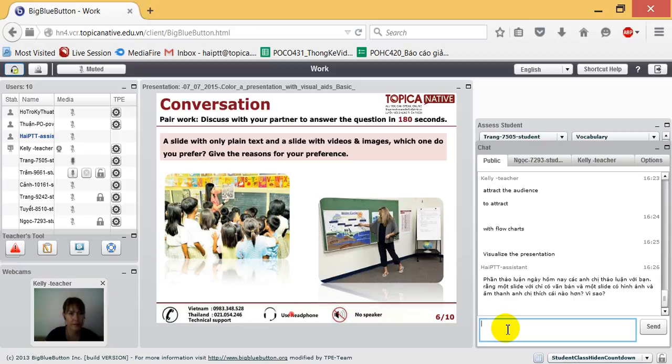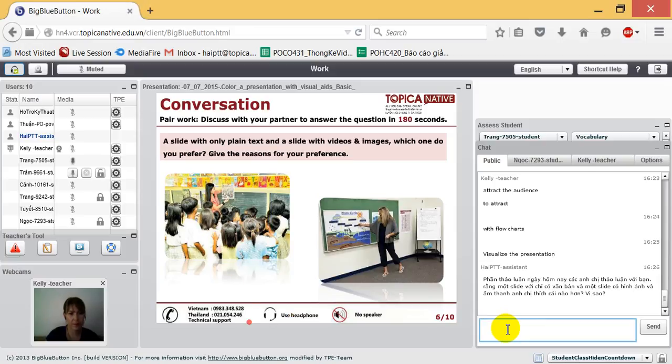Yeah. What do you think, is a presentation with visual aids a good idea or bad idea, and why? Yeah, a presentation with visual aids.